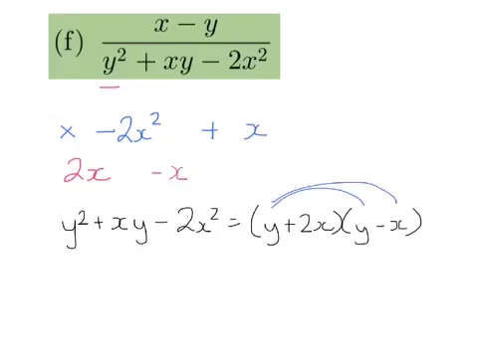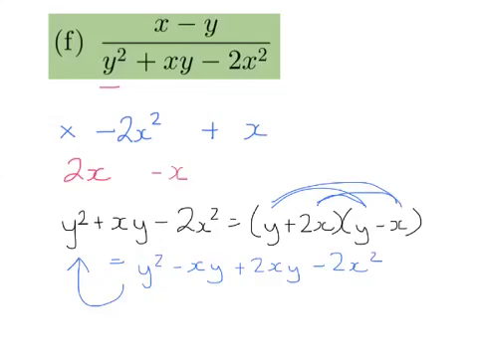We'll use FOIL and we get y squared minus xy plus 2xy minus 2x squared, and that will give us our original expression. Excellent.